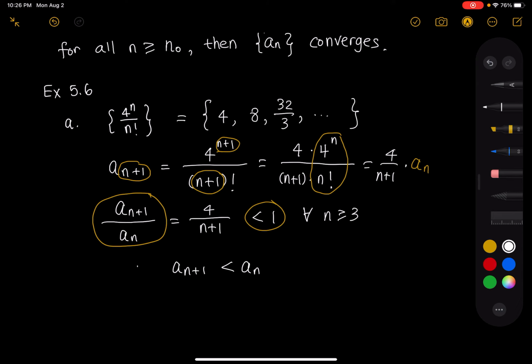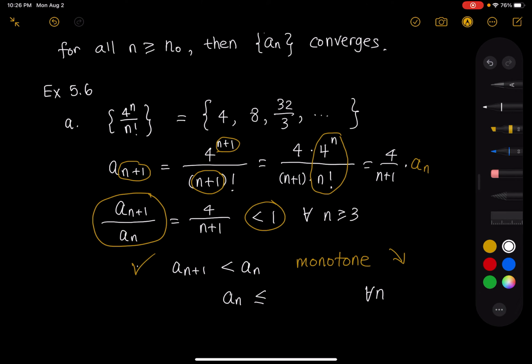And the sequence is bounded, right? When you write out the sequence, you realize the sequence a_n is monotone, decreasing from some point on, and bounded above by the biggest number you see in the first few terms.